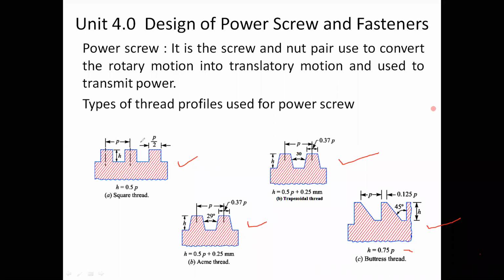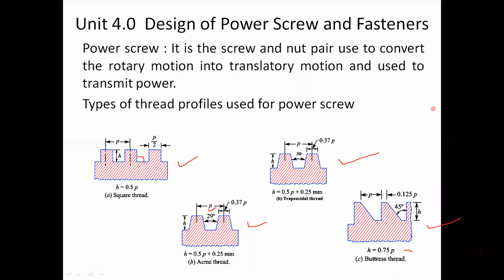So what is the difference? If you look at the square thread, you will find that the including angle is 90 degrees. The Acme thread has an including angle of 29 degrees.